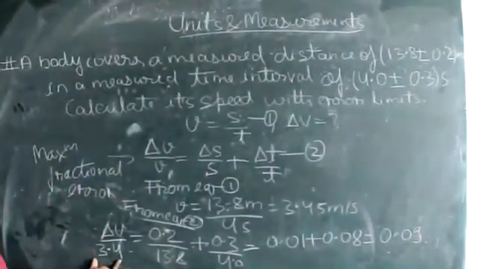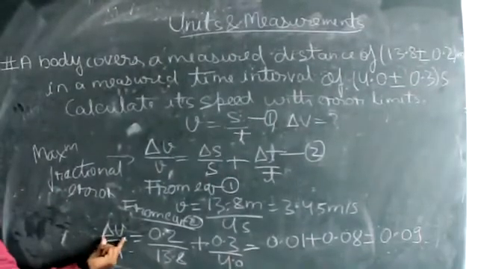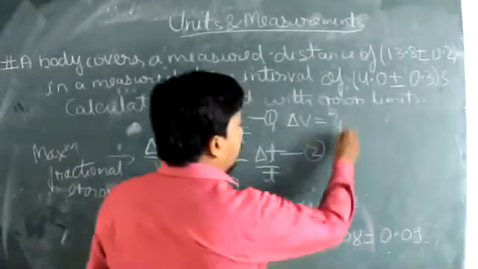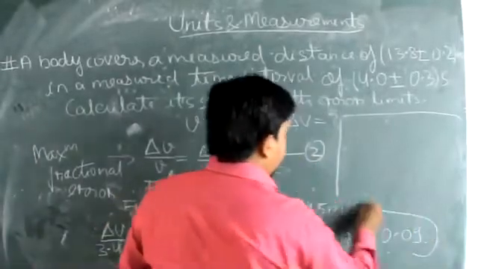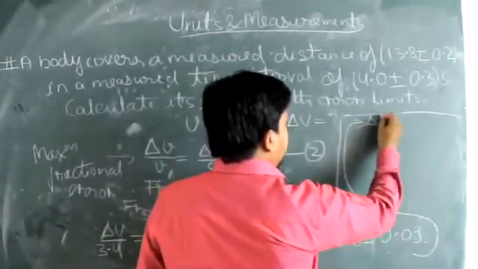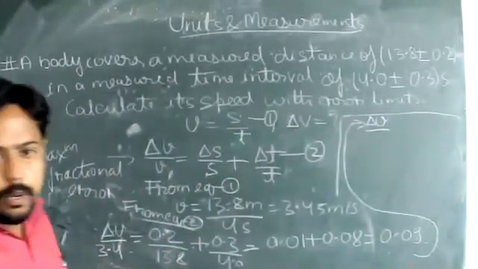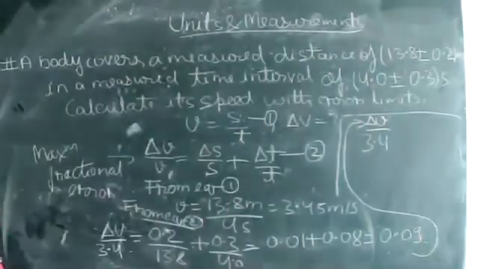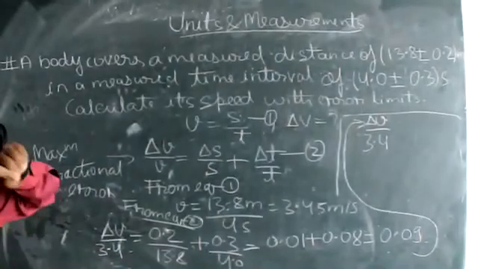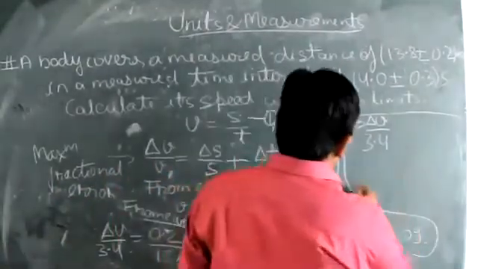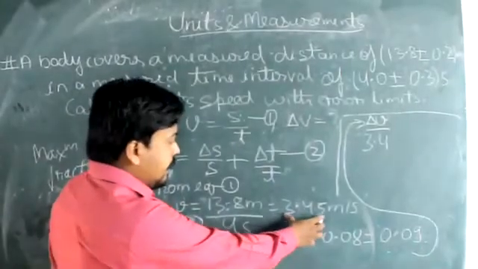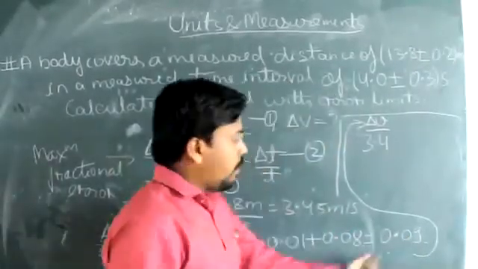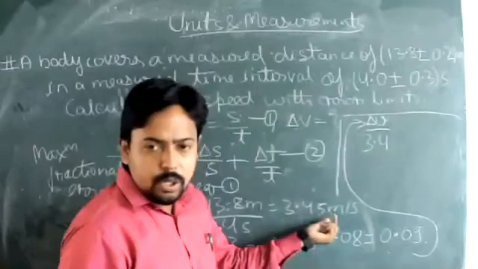So now you have this V value. Now you need to calculate delta V. You have the RHS also. So instead of solving below, just to stay in camera, I am solving here. You have delta V, and you have V in the denominator, which is 3.4. You can take this entire term also if you are multiplying it with this number, because after the decimal there are two digits, so you can take the two digits while you multiply.